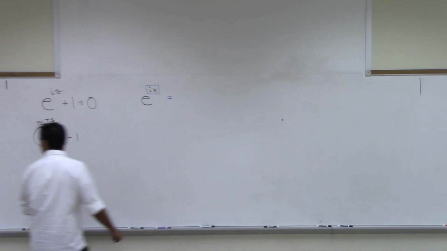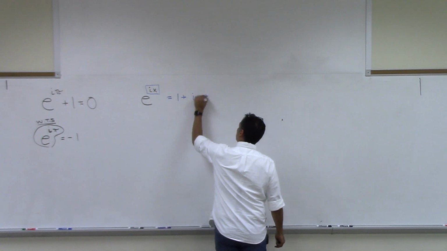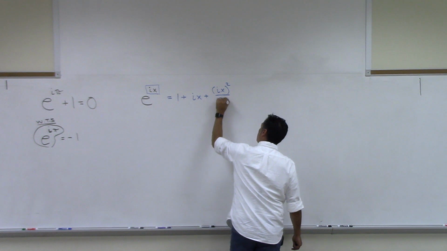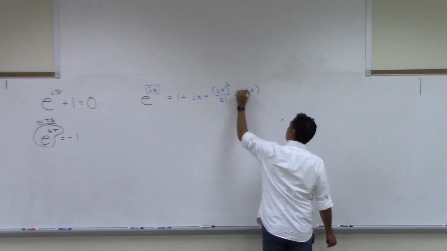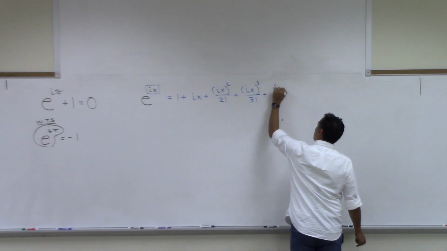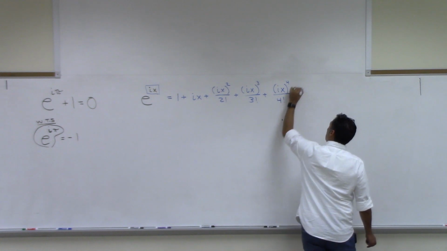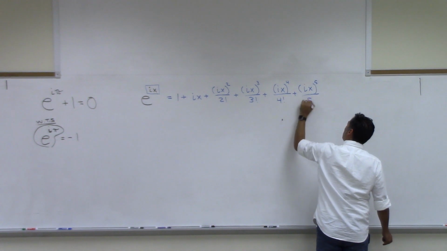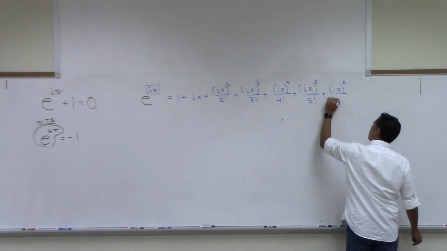So what would we have? 1 plus ix plus ix, that quantity squared over 2 factorial, ix cubed over 3 factorial. I have to go quite a ways here. ix to the 4th over 4 factorial, ix to the 5th over 5 factorial, ix to the 6th over 6 factorial.